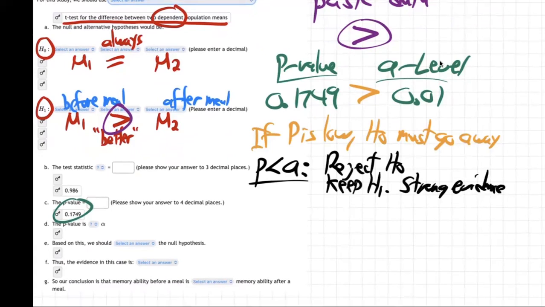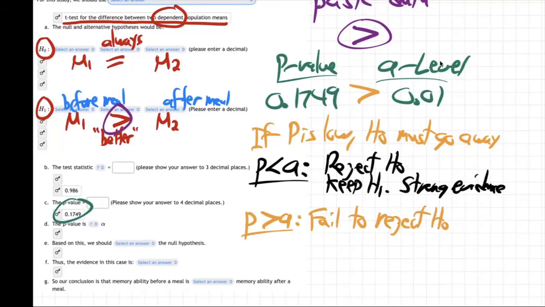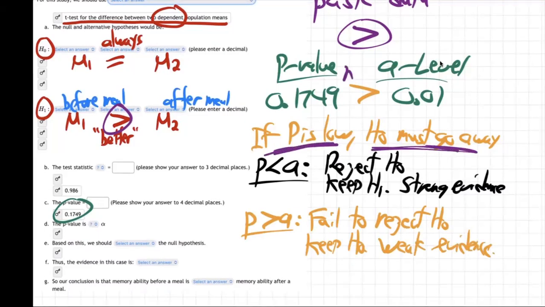We instead have p-value greater than alpha. That means fail to reject H0, keep H0, weak evidence. That's where we're at. Because if the P is low, the H0 must go, but our P is not low.